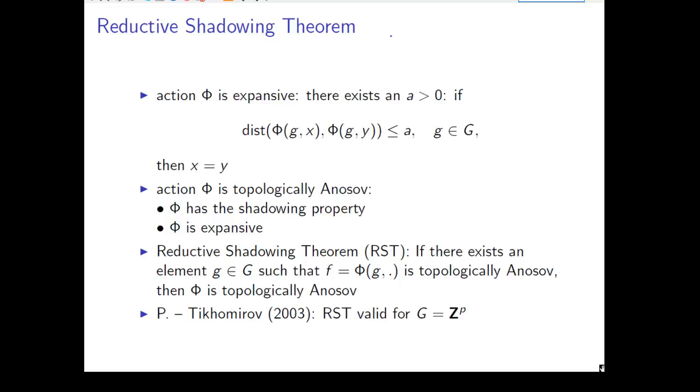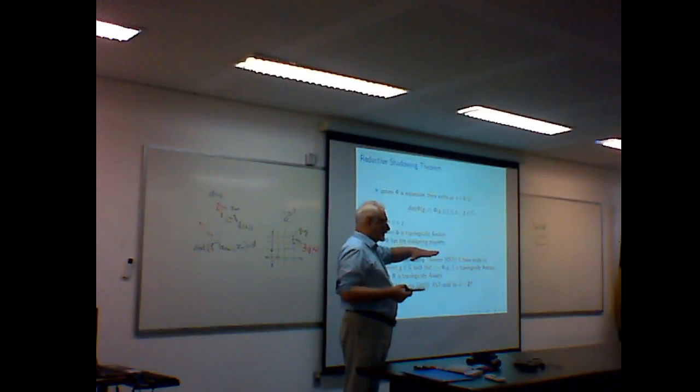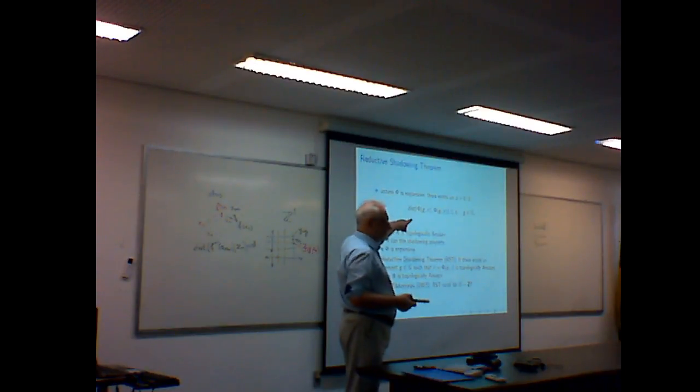It says if there exists one element g, small g, of the group G, capital, such that this now is a standard dynamical system, and this standard dynamical system is topologically hyperbolic, then phi is topologically hyperbolic, and this means that it has the shadowing property, and it's also easy to show that the shadowing trajectory is unique if epsilon is less than this.